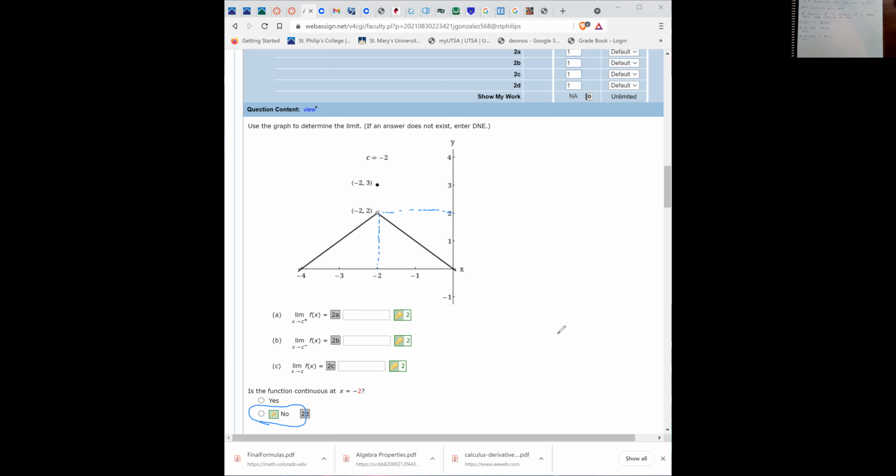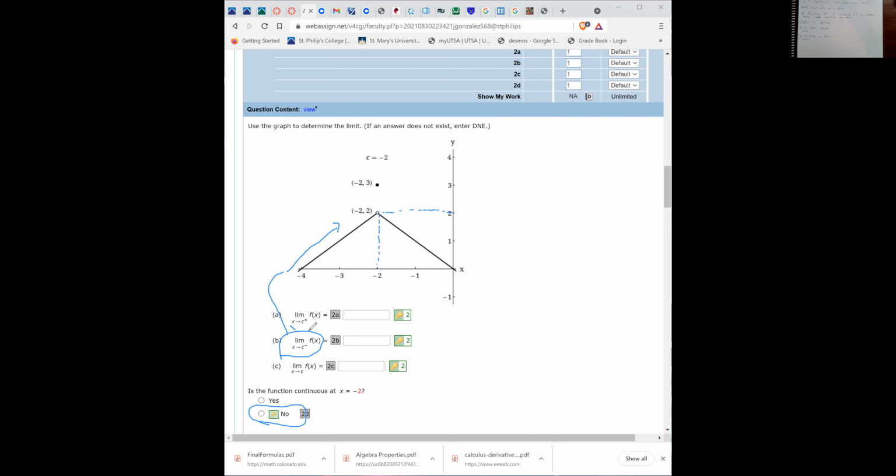Now look at the limit from the left side. So approaching from the left, this is this guy right here. As I approach from the left, what is the y getting closer to? It's going to be 2.